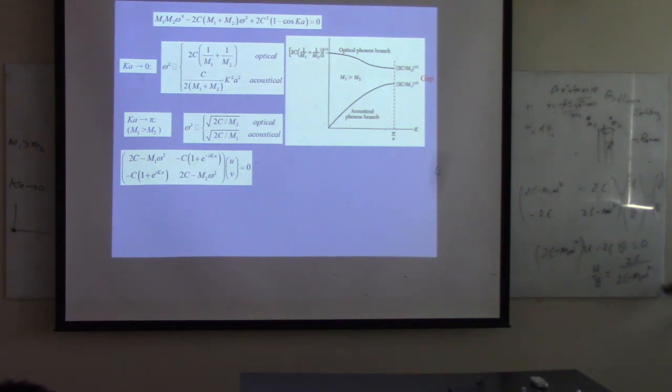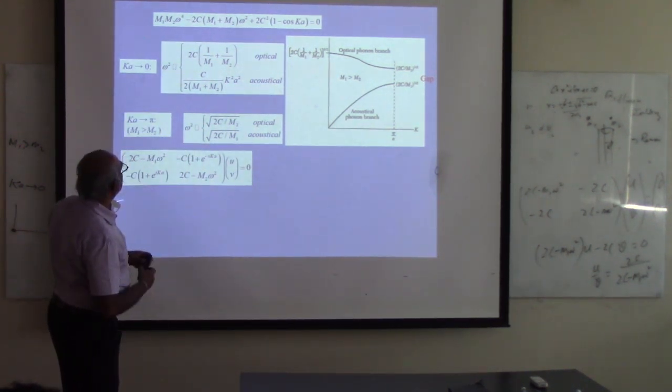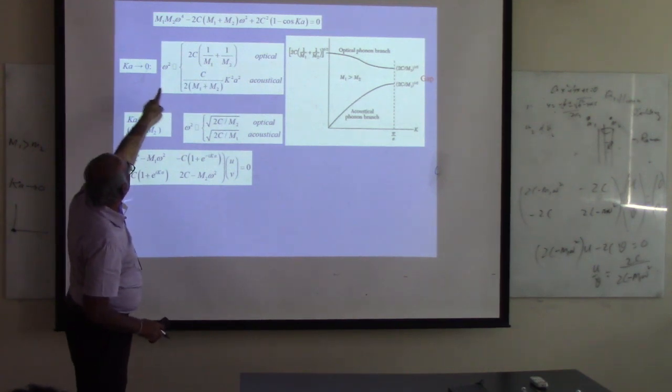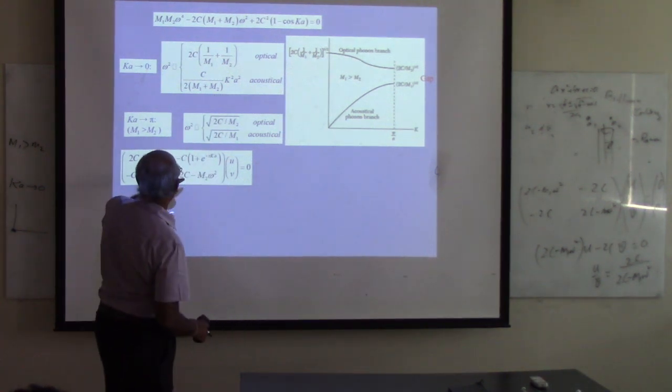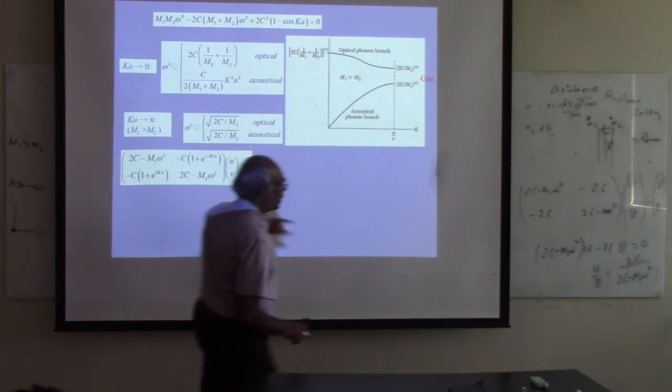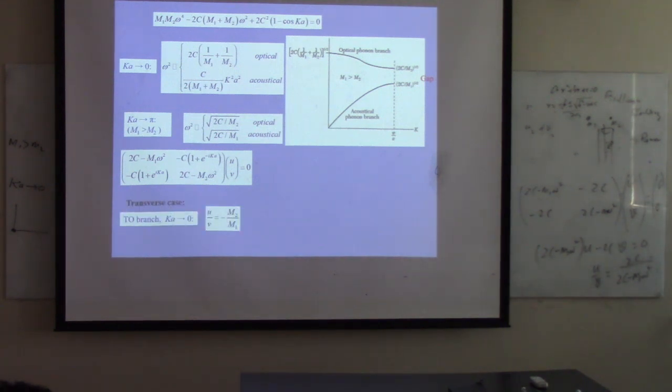Now in this case, when Ka goes to 0, if you plug in this one, you will find in that limit that this is minus M2 over M1. You have to find this relationship.